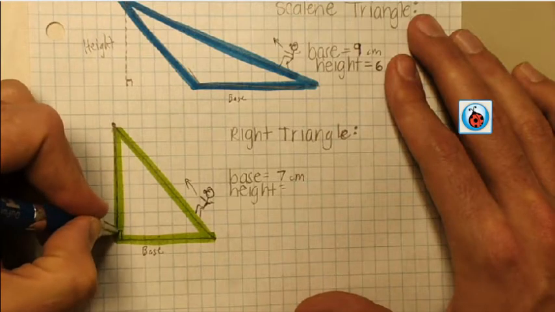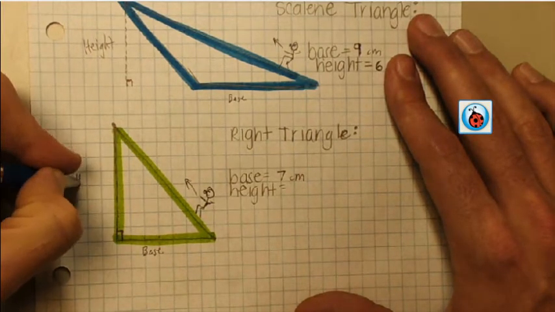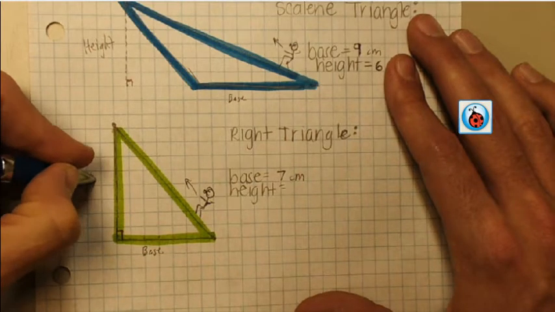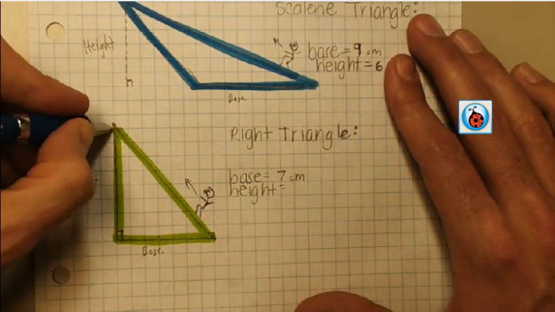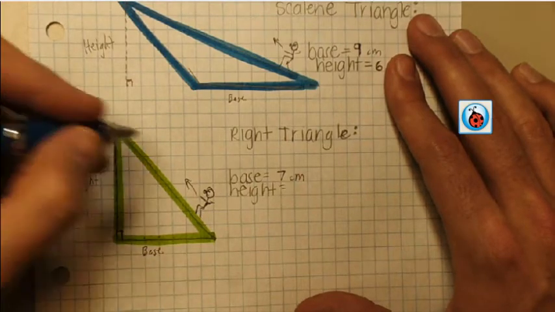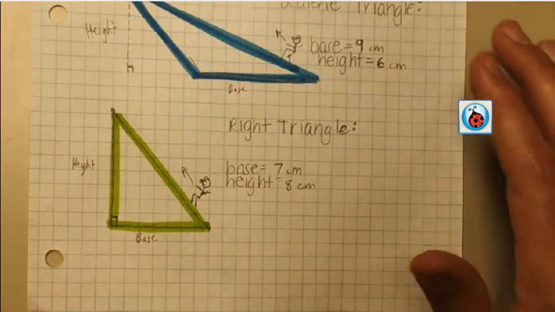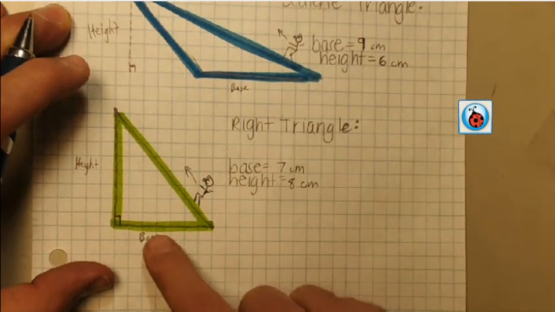And that is a right angle. So we put a little box there to show a right angle. So this is our height in this case. Our height and this line are the same. So we count 1, 2, 3, 4, 5, 6, 7, 8. It's 8 centimeters. And that is how you find the base and the height of a triangle.